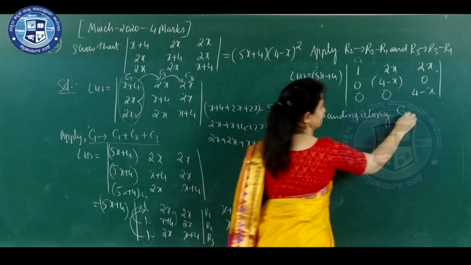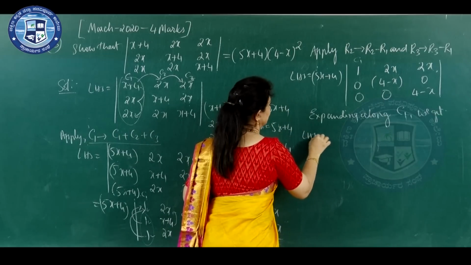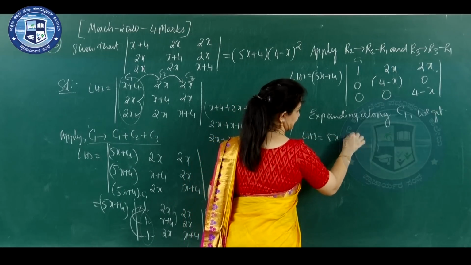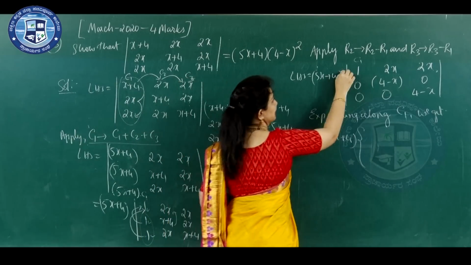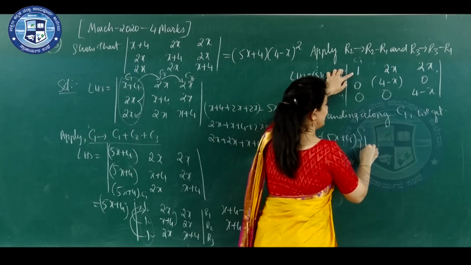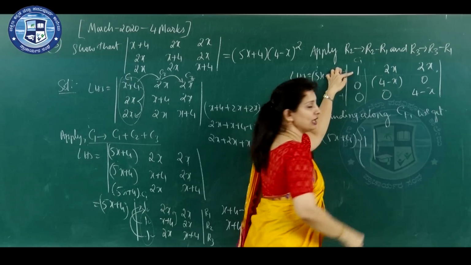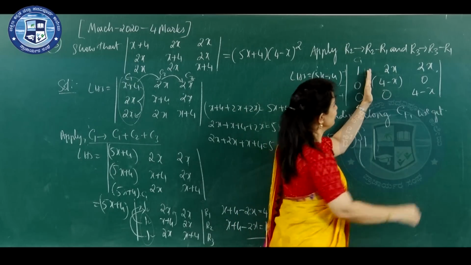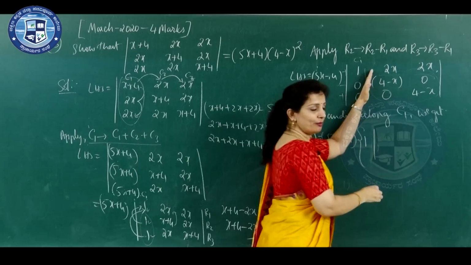What do we get? We get 5x plus 4 as it is. Now, expand it along the first column. Here plus, minus, plus are the position signs, 1 into, delete the first row and first column. Now what are the 4 elements so formed? 4 minus x, 0, 0, 4 minus x.